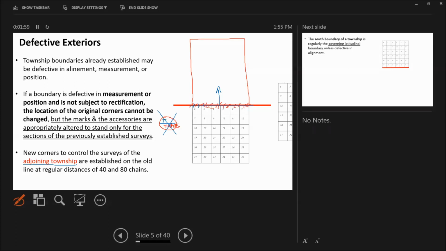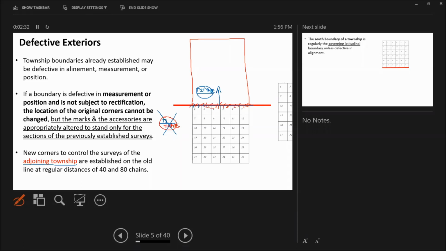But for the new ones, you create their own corners, their own monuments, and then you write that these ones are for Township 2 North and Range 1 East. This is what we call here the mark, or changing the marks, if the marks have already been established.